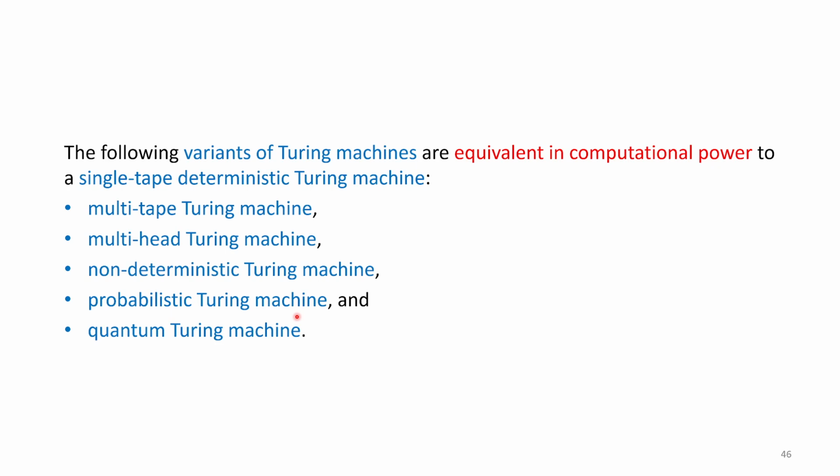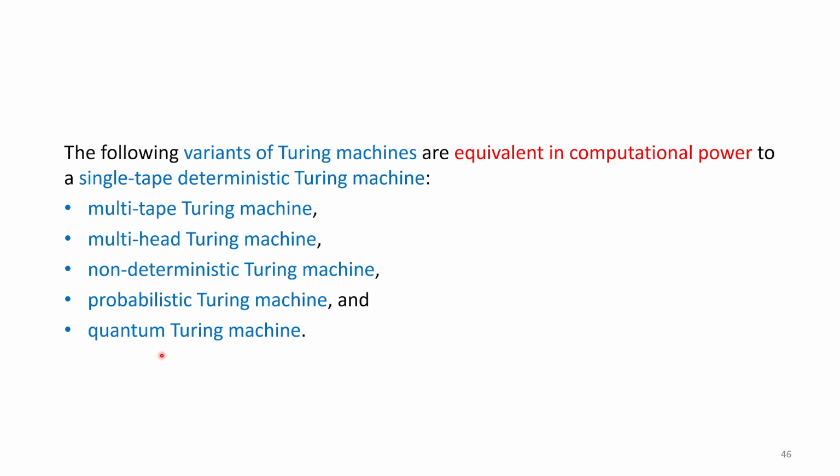That means if we just randomly picked a path, instead of non-deterministically magically picking it, our chance of finding a good path is good enough to accept. That defines a probabilistic Turing machine. That seems like it might give us more power. In a computational sense, it doesn't. We can simulate it in the exact same way we simulated non-deterministic Turing machines, by keeping track of every branch. In this case, we'd have to keep track of the probabilities of each branch. But if we keep track of the probabilities, we should be able to answer our question, yes or no, would that machine accept? So this is no more or no less powerful.